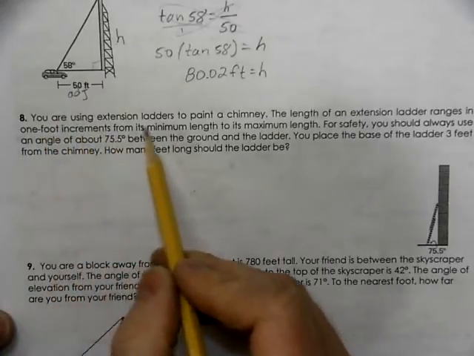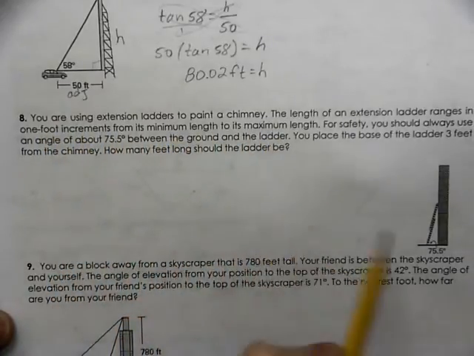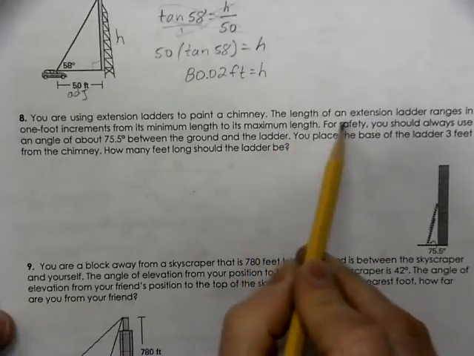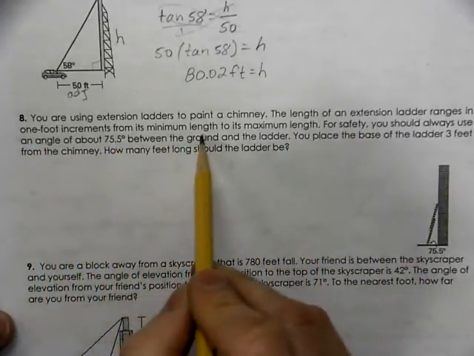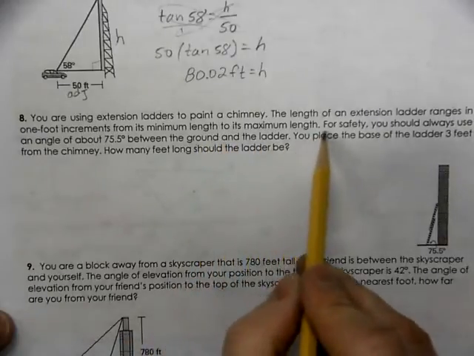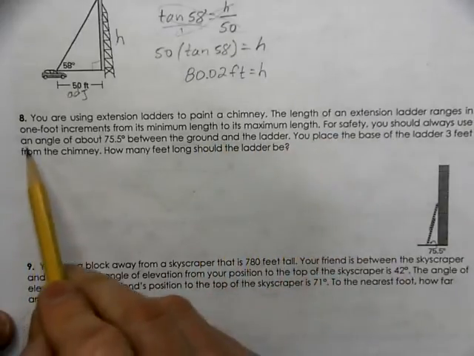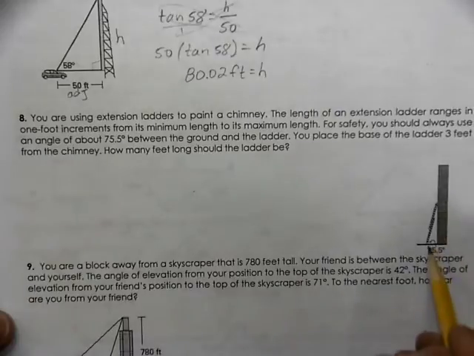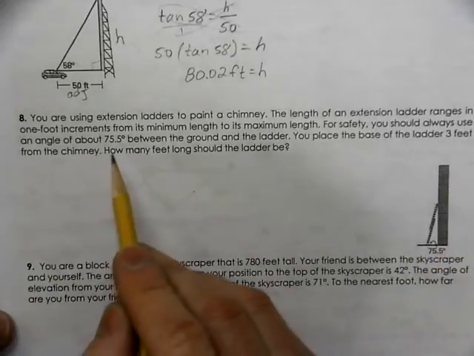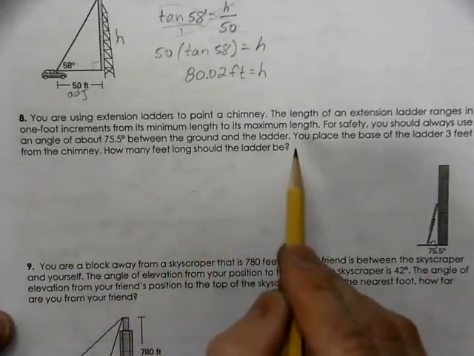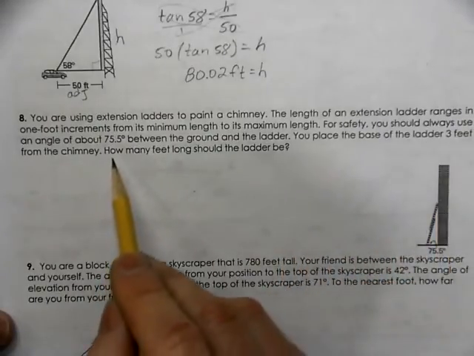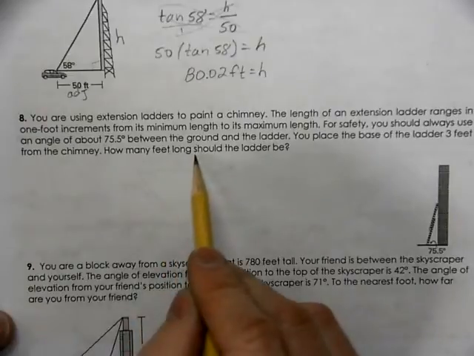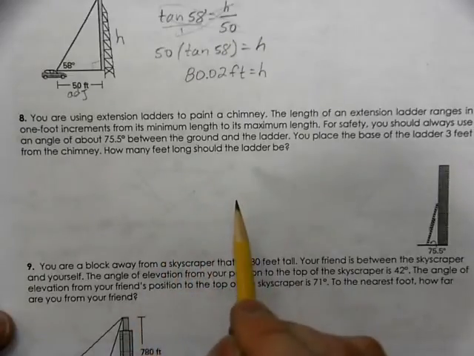You're using an extension ladder to paint the chimney. The length of the extension ladder ranges in 1 foot increments from a minimum length to its maximum. For safety, you should always use the angle of elevation of 75.5 degrees with the ground. You place the base of the ladder 3 feet from the chimney. How many feet should the ladder be?